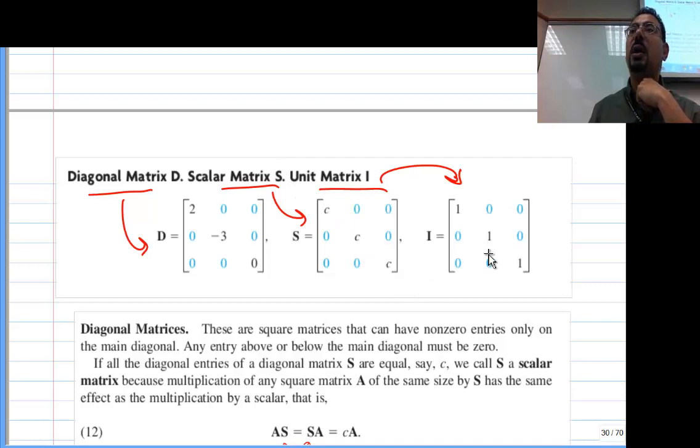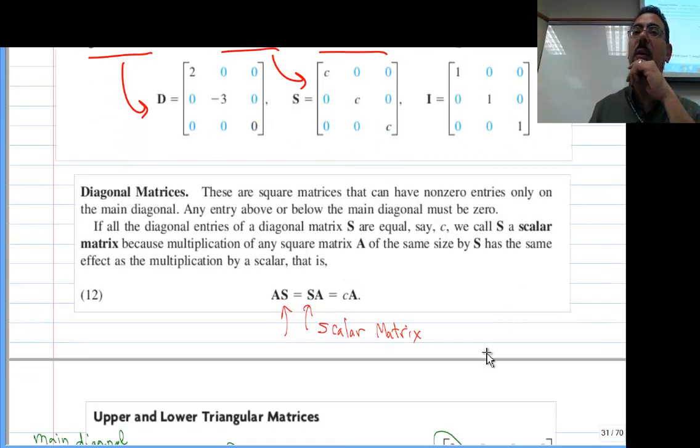And finally, the unit matrix is a special case of the scalar matrix where the diagonal element is only 1, 1, 1. So this is the diagonal, this is a subversion of it with the same number, and not just the same number, it's actually 1. Then it becomes the unit matrix I.